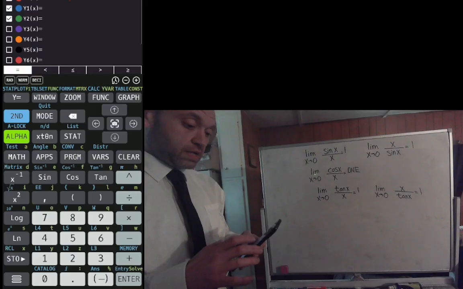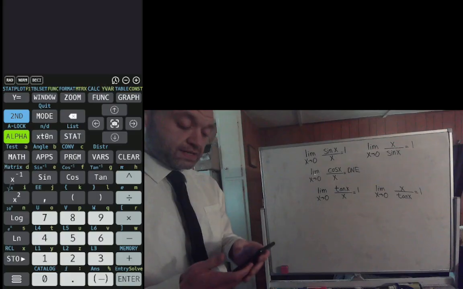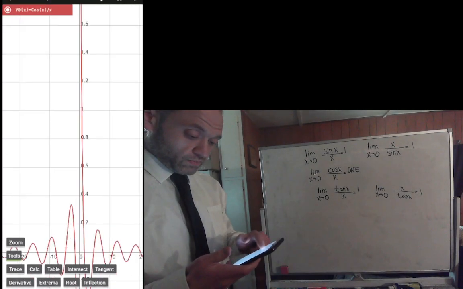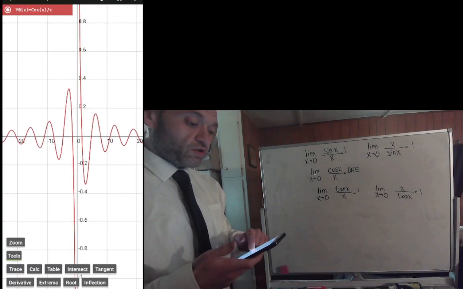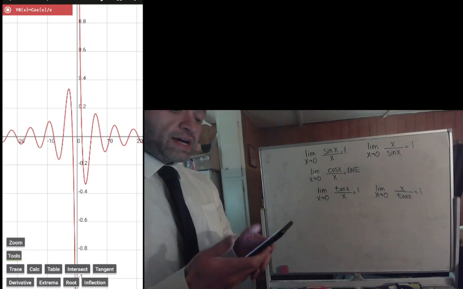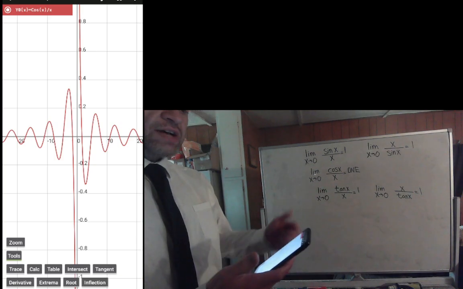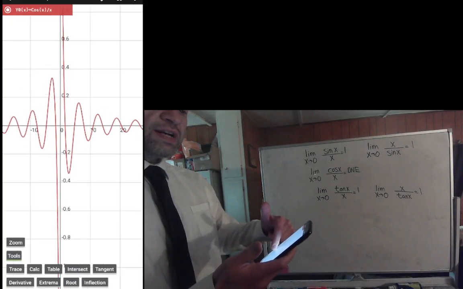So let's graphically prove why this limit doesn't exist. Alright, so this is the graph of the cosine of x divided by x. As you see, as you approach 0 from the left, you're going towards negative infinity.